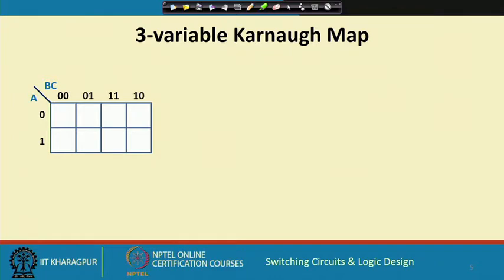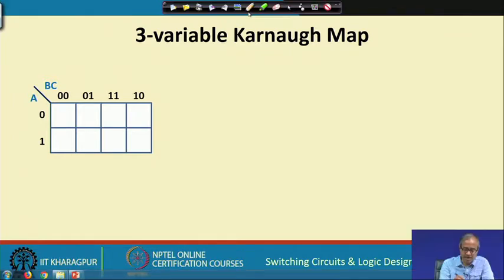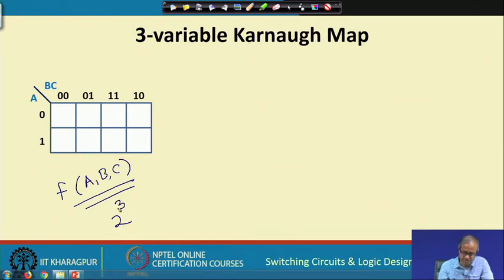In this example that I am showing here, I am considering a function, any function of 3 variables a, b and c. The Karnaugh map of a 3 variable function will obviously contain 2 to the power 3 minterms, which is equal to 8. This is organized in this way, let us say 2 rows and 4 columns, and I am labeling the rows and columns by the variables.